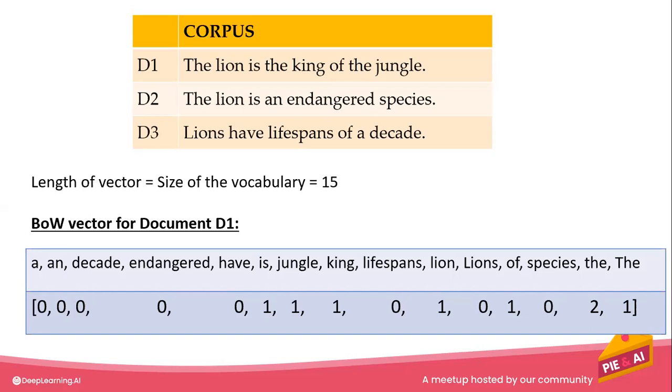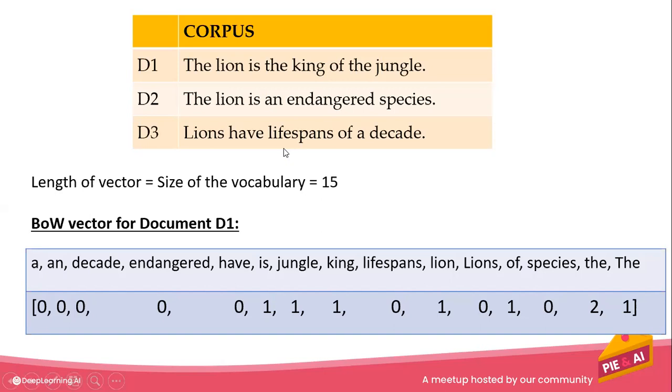Down below, I have written the bag of words vector for document D1. Similarly, you can also construct bag of words vectors for documents D2 and D3. First we have a set of vocabulary, which is the collection of all the unique words in the corpus, and we are attaching the frequency to each and every vocab word.